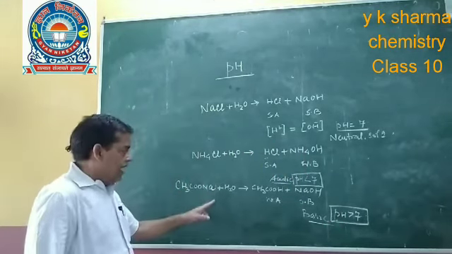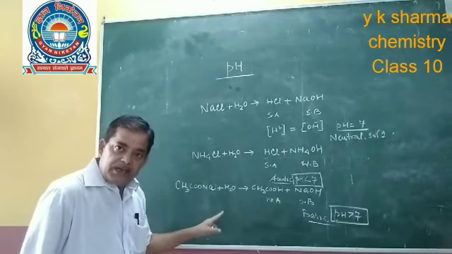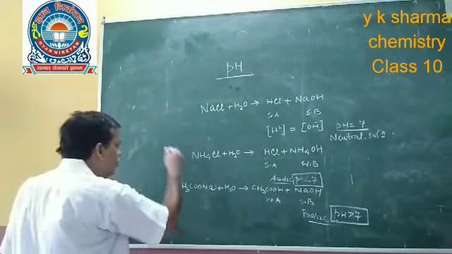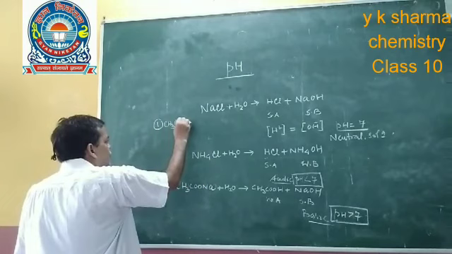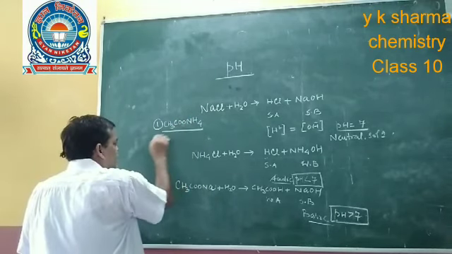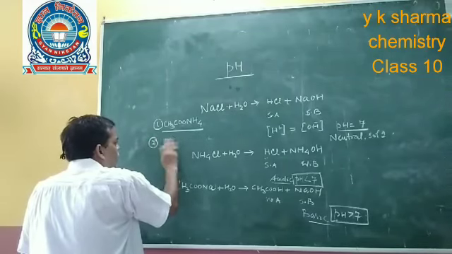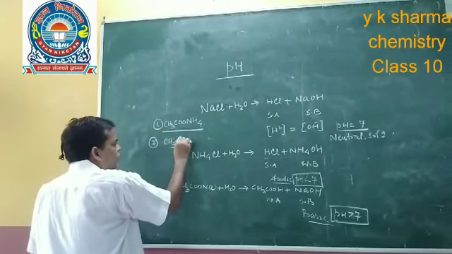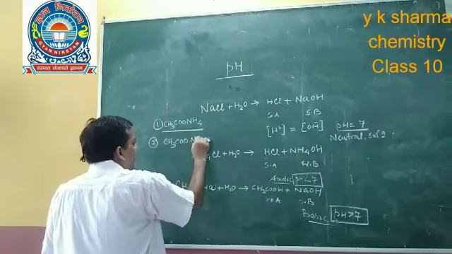Okay, I think all points are clear here. So you can identify the nature of each solution. I am giving you examples and you can write yourself what the pH of each solution will be. Another salt is CH3COONa.